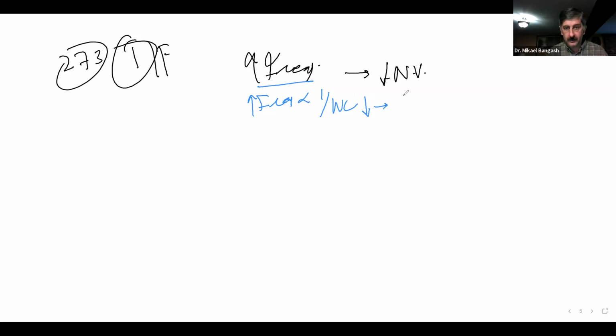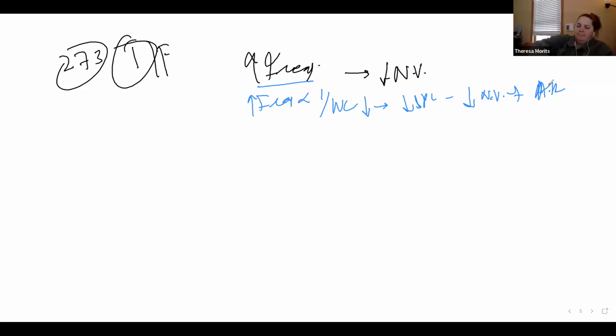And when the wavelength is lower, your spatial pulse length is lower. When spatial pulse length is lower, the numerical value of your axial resolution is lower. Did that make sense? Yes. Good.